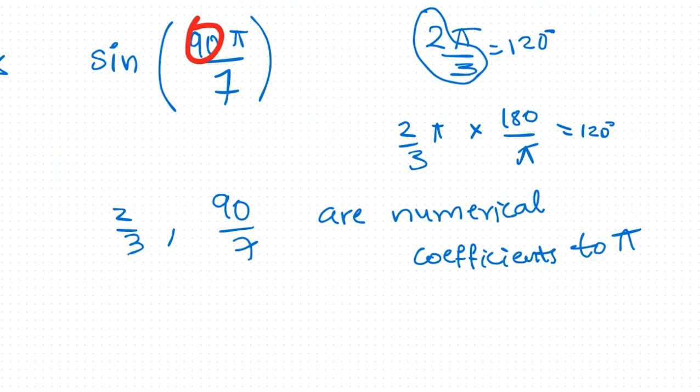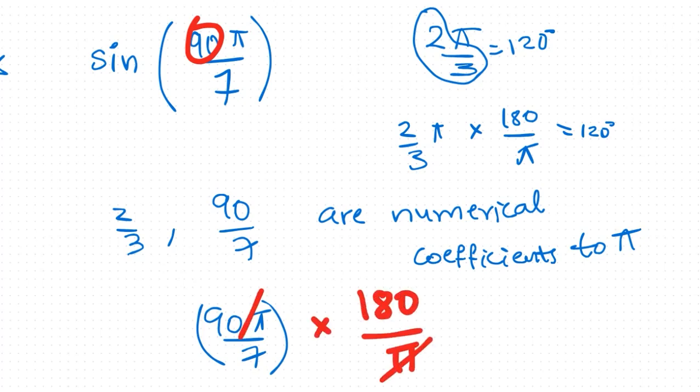So convert that into degrees first, for simplicity, by multiplying by 180 by pi. So 90 by 7 times 180 by pi. The pi cancels, and then you divide by 7.